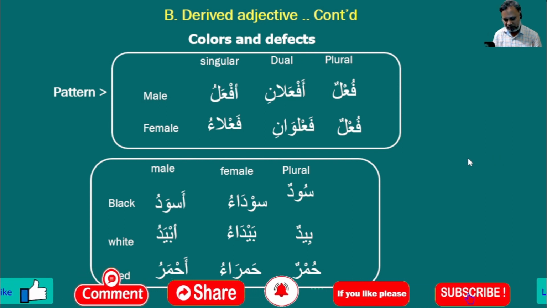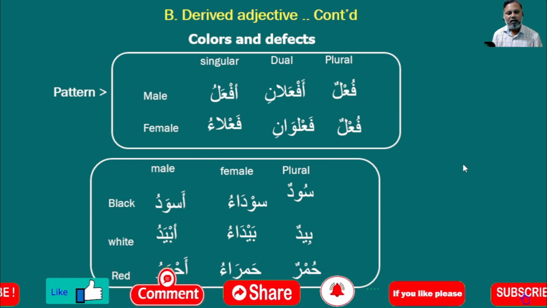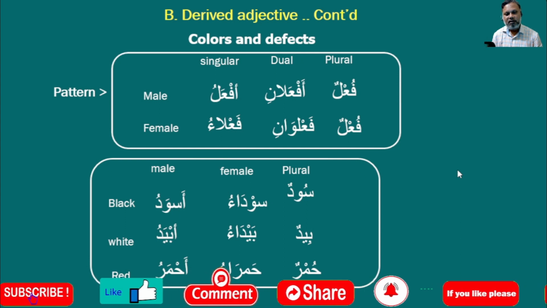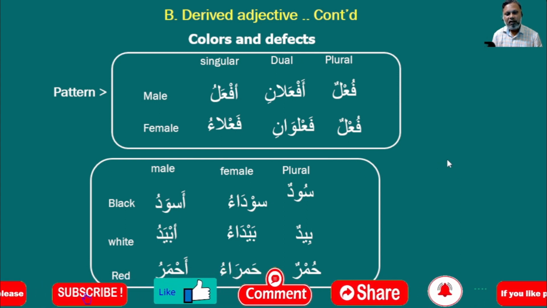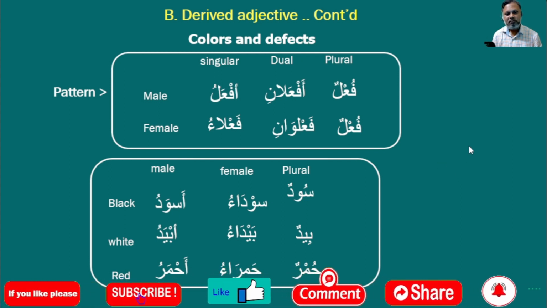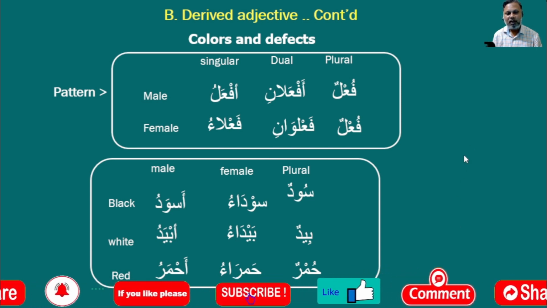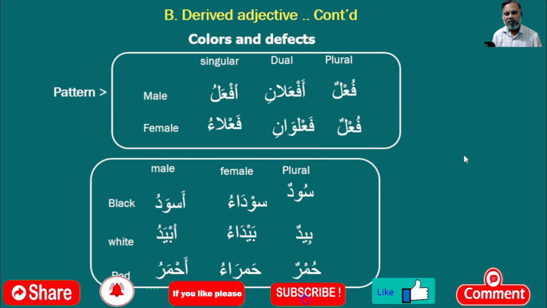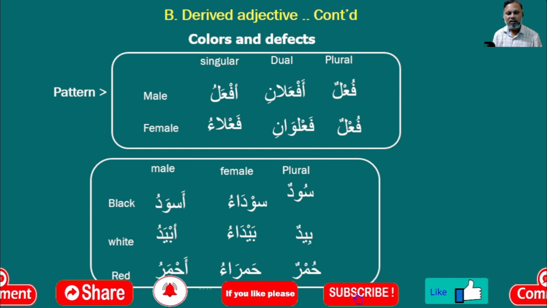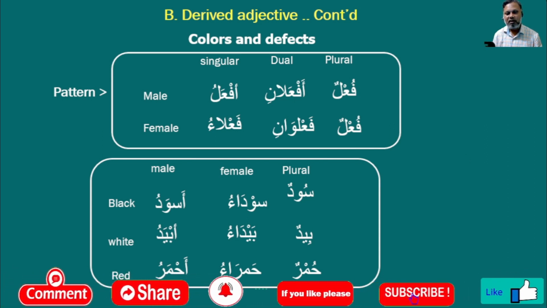So that will be better for us to understand things. And whenever we learn inside our Quranic language, Quranic surahs, then we will again review this type of pattern wherever it is required.